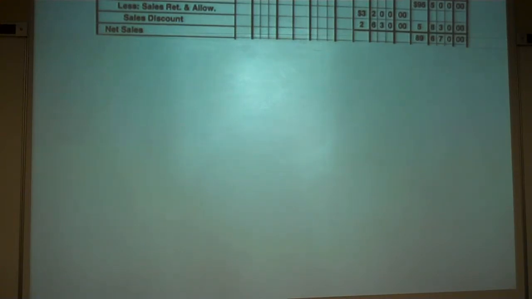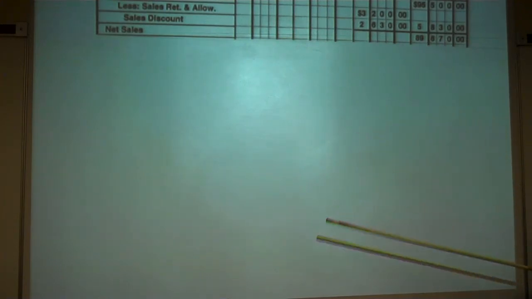Now we have 4 columns on this income statement. If we have to do a calculation, move it over to the left a column. This is where, when I'm grading this part, even on the test, I would have moved this whole calculation over here and just had this number in this column.